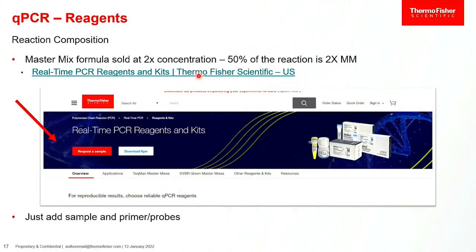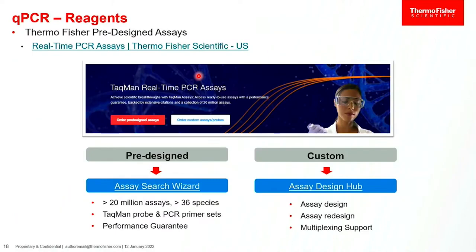From here, we have either a SYBR master mix where all you need to do is add sample and primers. We also have TaqMan master mixes where you add your sample, and, as I mentioned, we have pre-designed assays. So we have already done the work of making primers and probes in a set to do what you want.